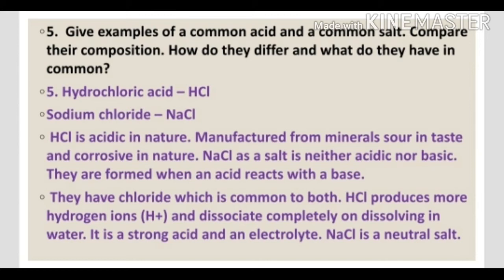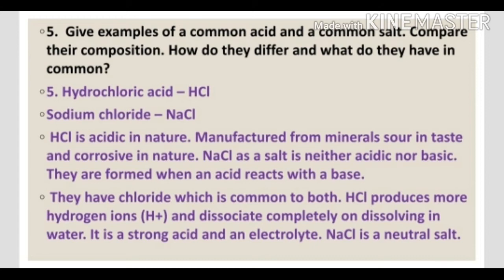Hydrochloric acid, HCl, this is a common acid. Sodium chloride, NaCl, it is a common salt. Now HCl or hydrochloric acid is acidic in nature and it is manufactured from minerals, and it's sour in taste and corrosive in nature.